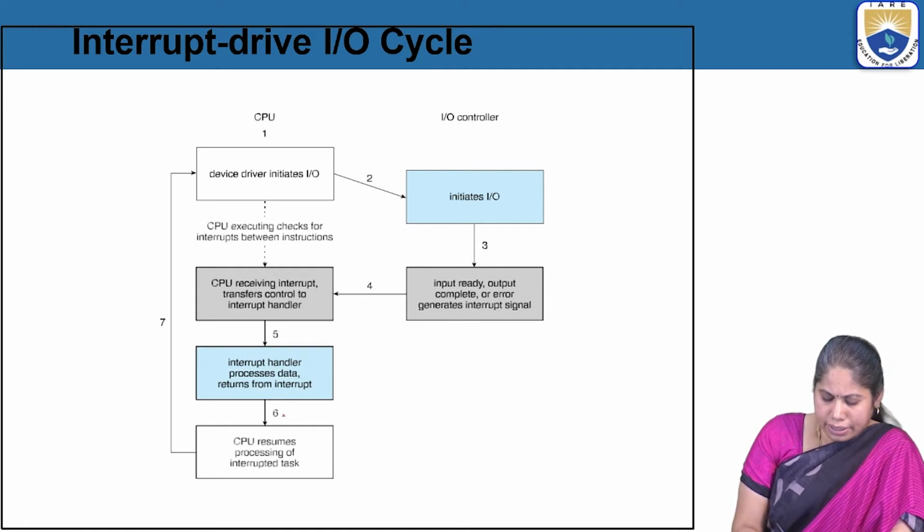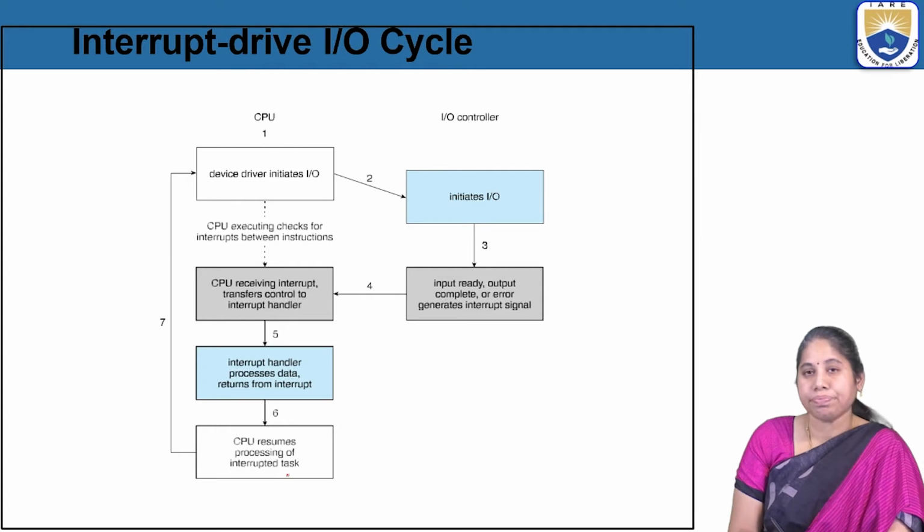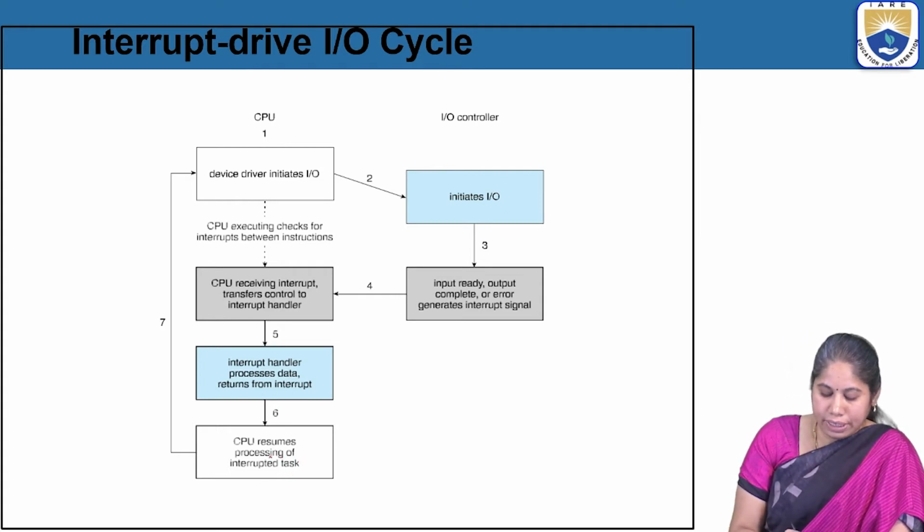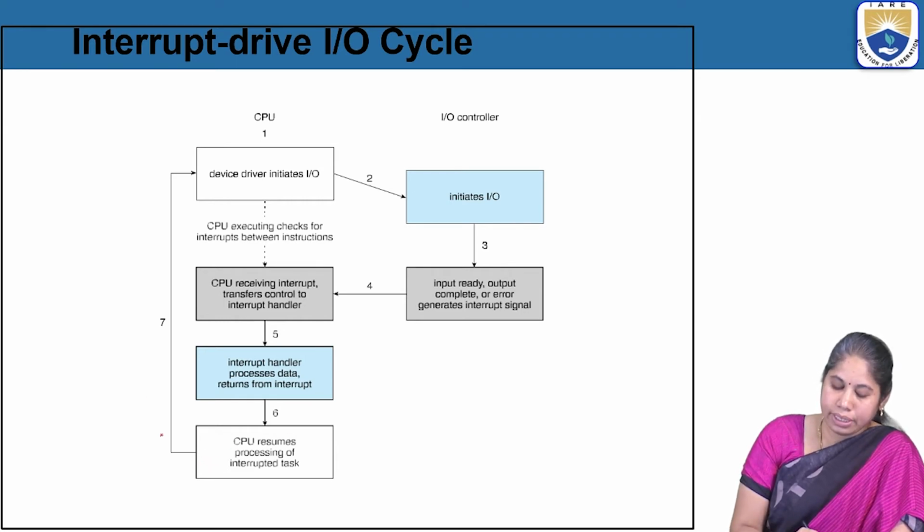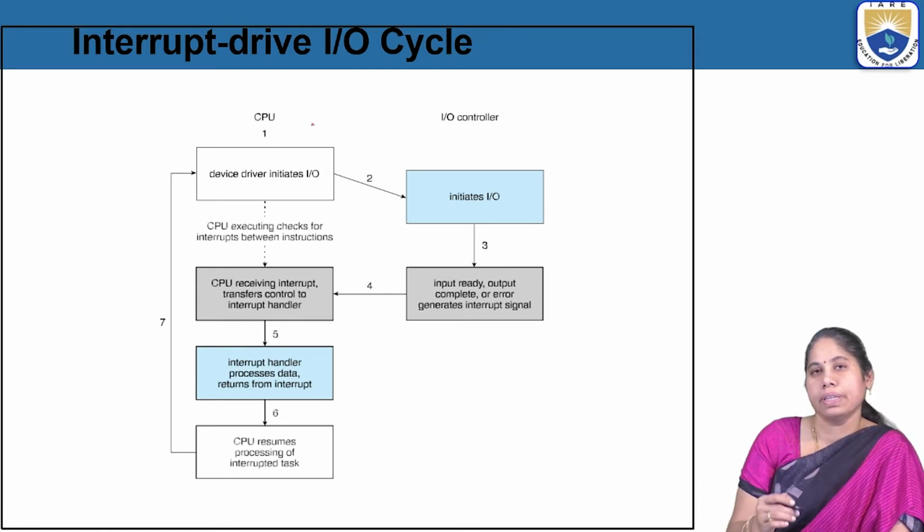Once that is done, the CPU resumes processing of the interrupted task. Once this process is over, the CPU resumes, goes back to the starting, and starts executing the next instruction.